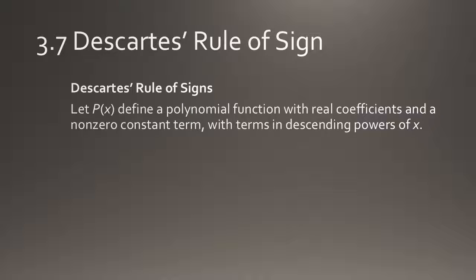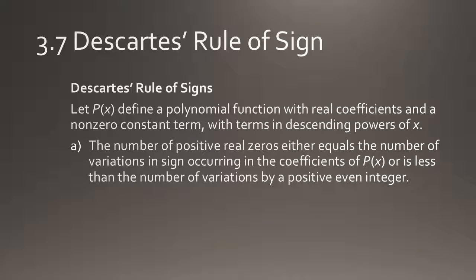Descartes' rule of signs says that if we have a polynomial p of x with real coefficients and a non-zero constant, and the terms are in descending powers, in other words, it's in standard form, then the number of positive real zeros either equals the number of variations in sign occurring in the coefficients of p of x, or is less than that by a positive even integer.